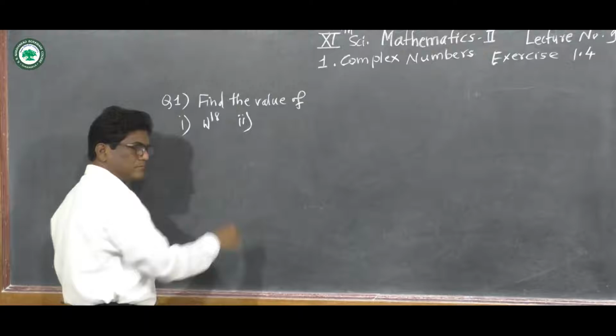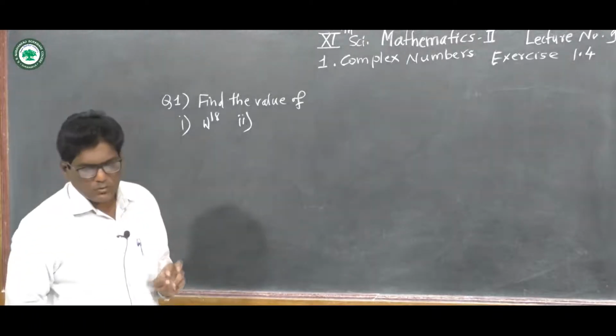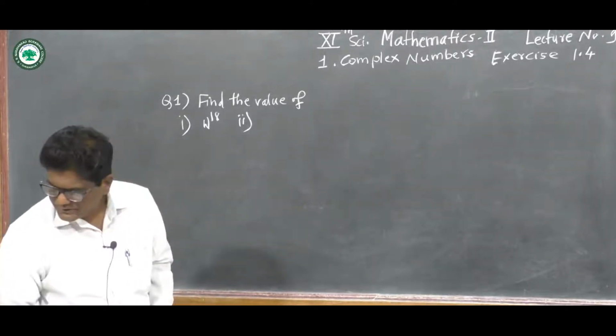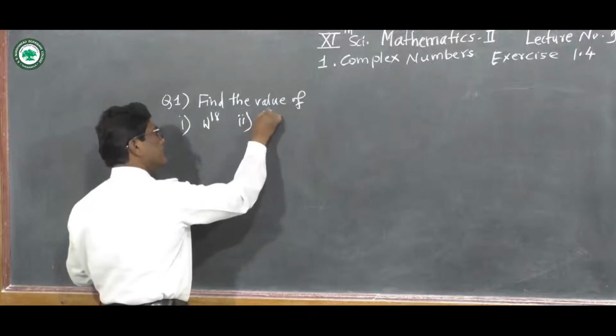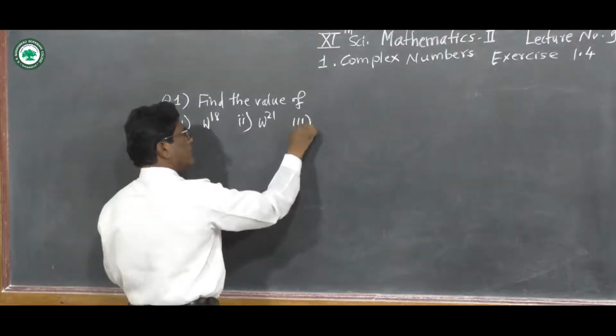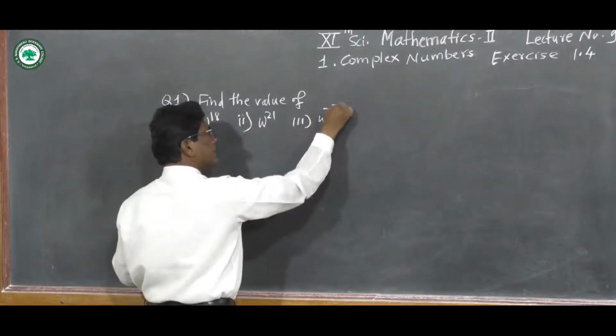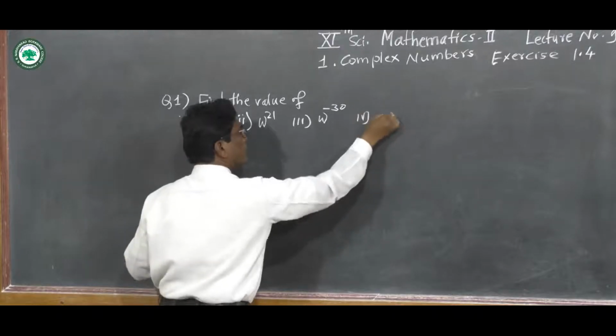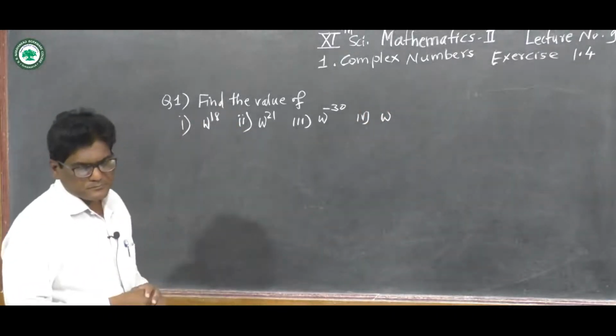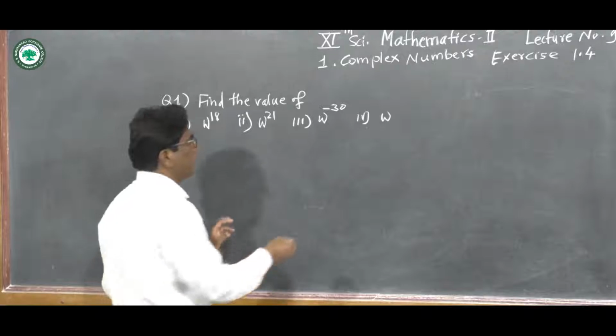Second one, omega to the power 21. Third one, omega to the power minus 30. Fourth one, omega to the power minus 105.